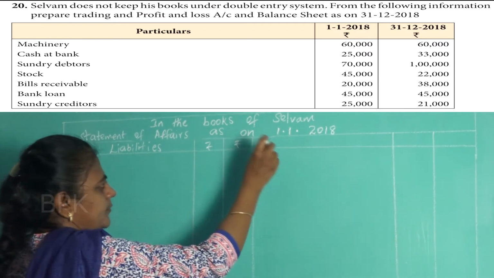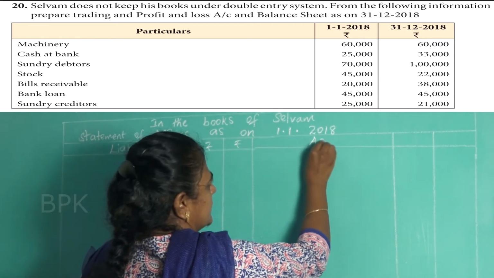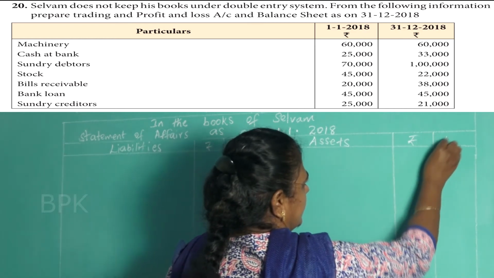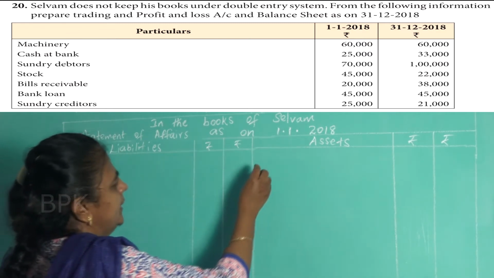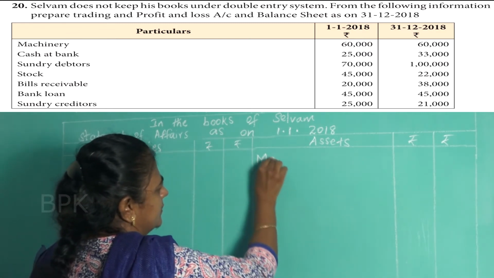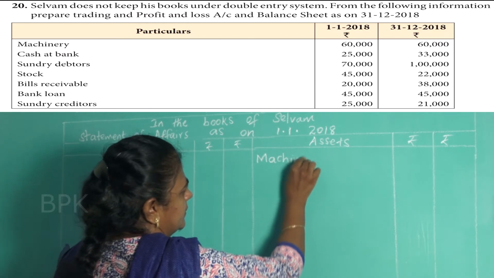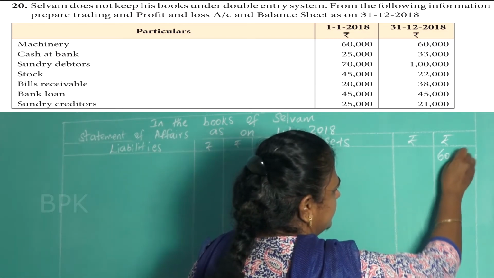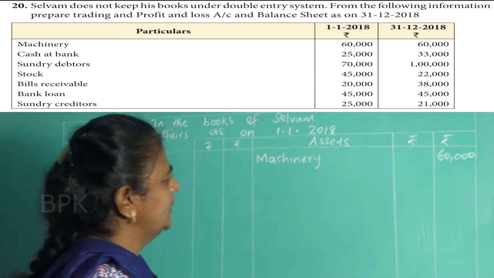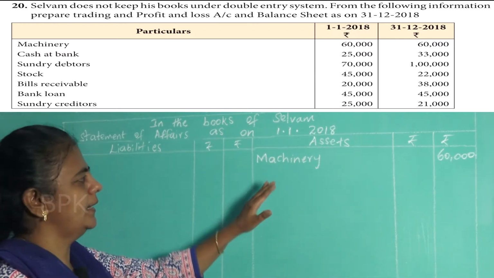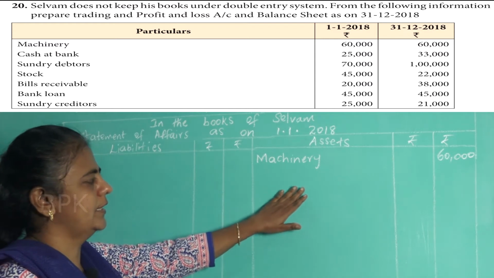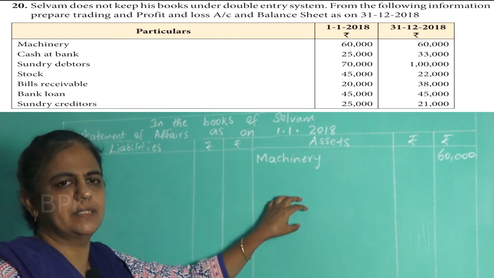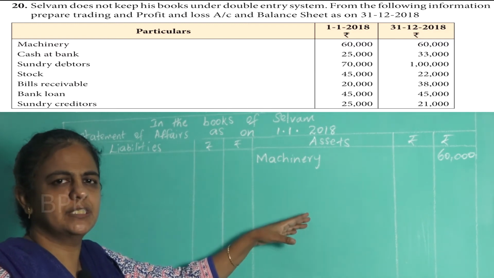rupees, assets, machinery, $60,000. Now one thing you have to keep in mind: when you are ascertaining the opening capital, you need not show any adjustments or any provisions.